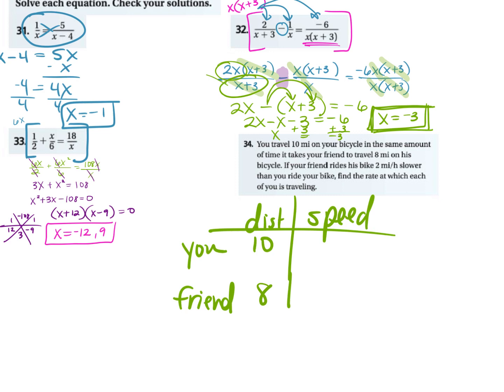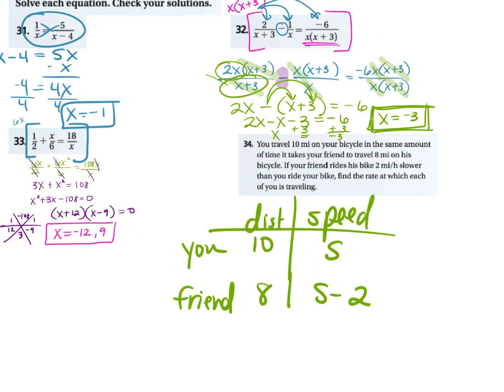If your friend rides his bike 2 miles per hour slower, so if your speed is S, then your friend's speed is S minus 2, right? Whatever your speed was, take away 2 from that. So if you think about this, as the distance decreased, the speed on this one also decreased.